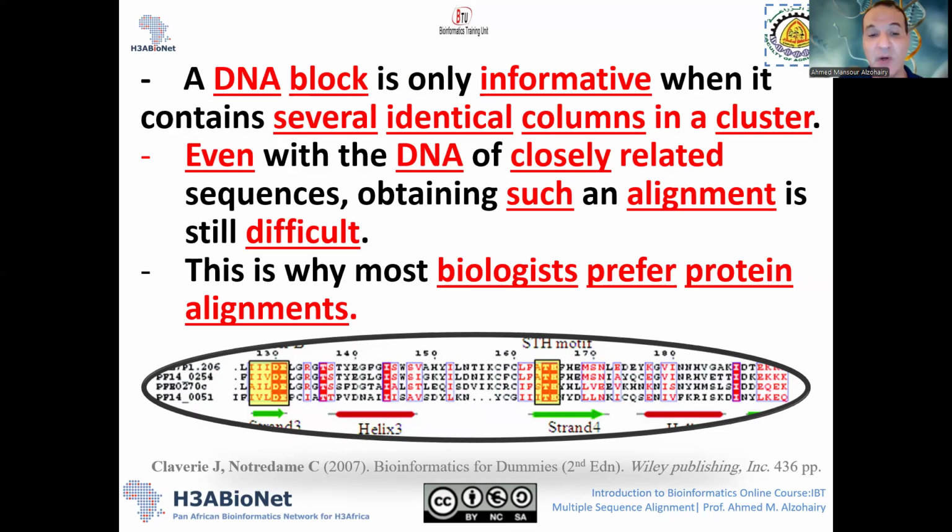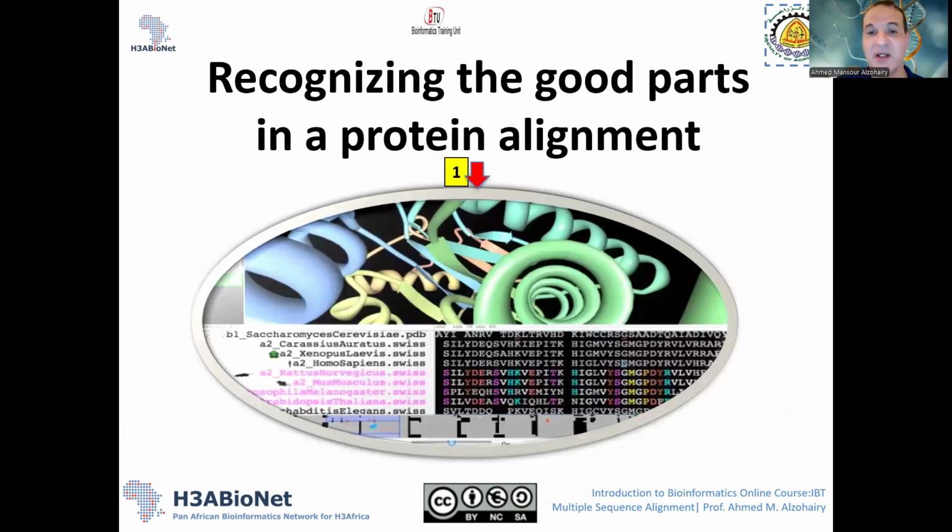This is why most biologists prefer protein alignment, because it doesn't need a lot of blocks to be convinced that you have a good alignment with biological meaning. So that's why we prefer using protein.